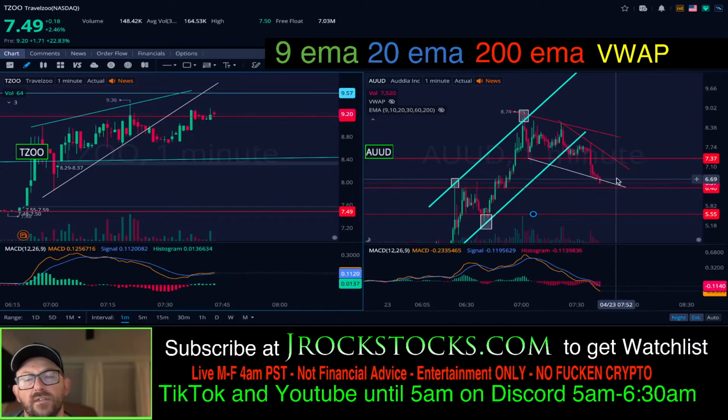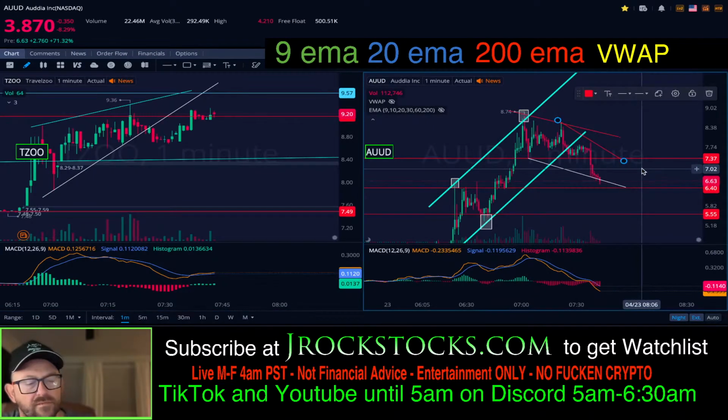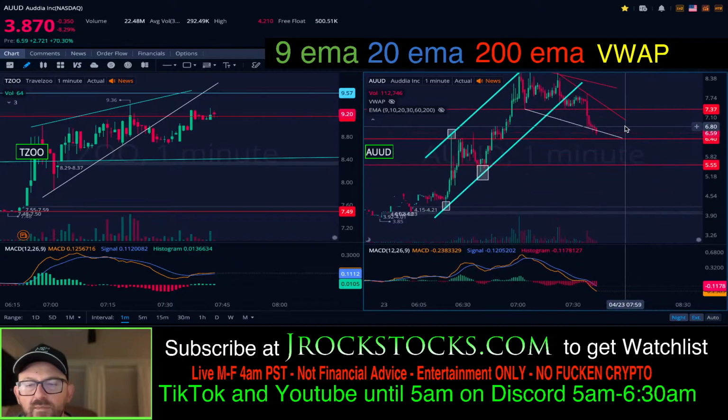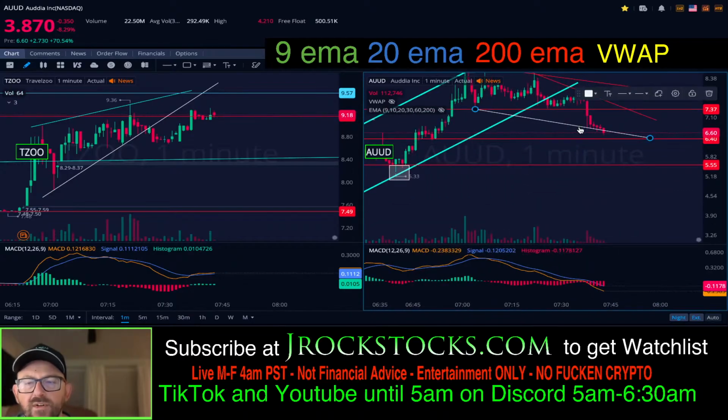Oh, there you go. Look at AUD. Whoops, didn't mean to do that. AUD broke through that support right there. So consistently going down. It's at its last hope before it drops down to 555.